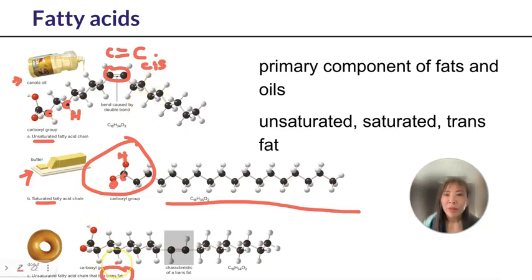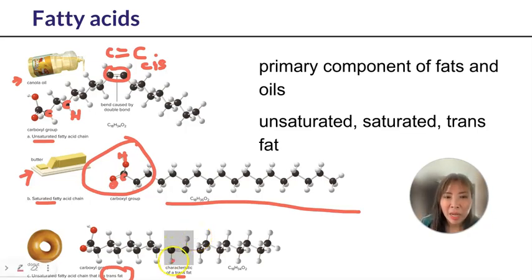Whereas in trans fat, this is something that we process, and we actually take a fat and add double bonds to it. So we'll take this saturated fat and add double bonds to it. But when we add the double bonds, they exist as trans, so one on one side and one on the other side. Remember, a cis double bond forms a kink.